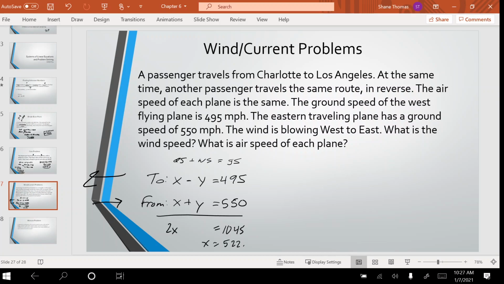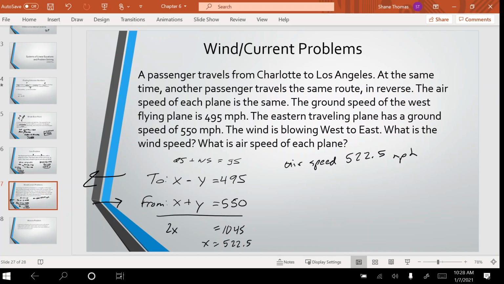So my airspeed, essentially what the airplane is set at on cruise control, is 522.5 miles per hour.